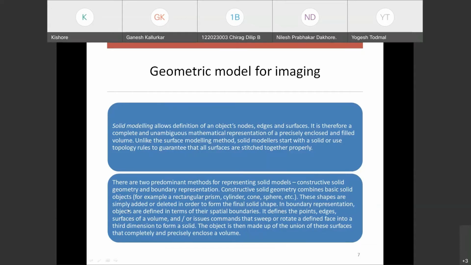In boundary representation, objects are defined in terms of their spatial boundaries. It defines the points, edges, and surfaces of a volume, and or issues commands that sweep or rotate a defined face into a third dimension to form a solid. The object is then made up of a union of these surfaces that completely and precisely enclose a volume.